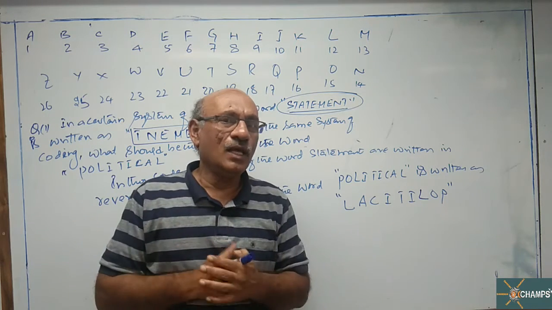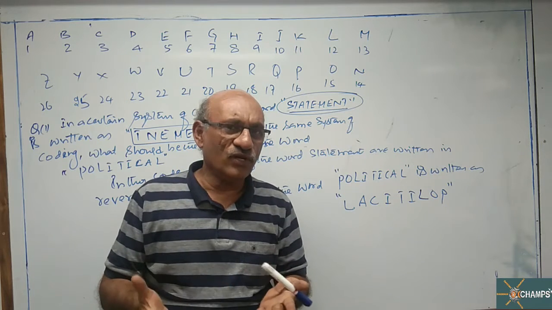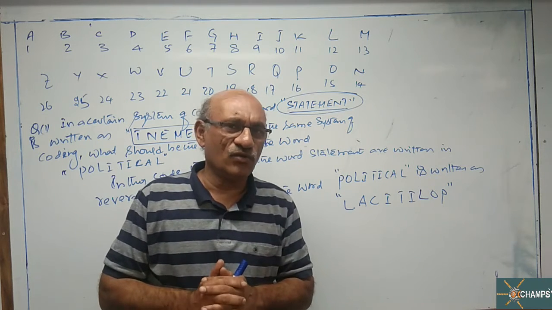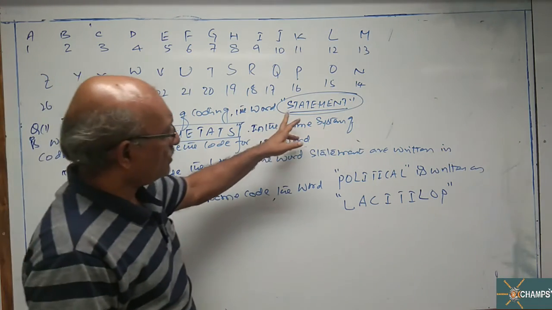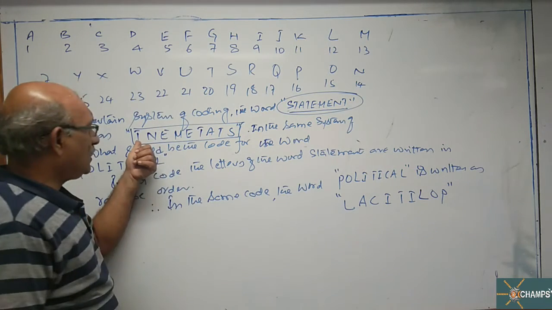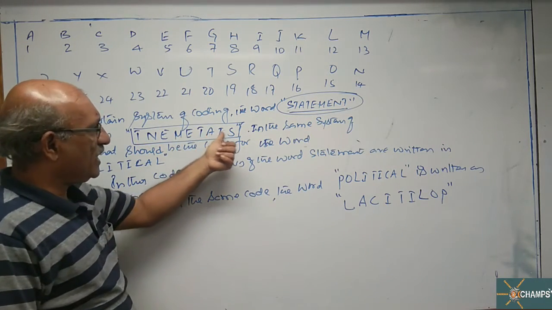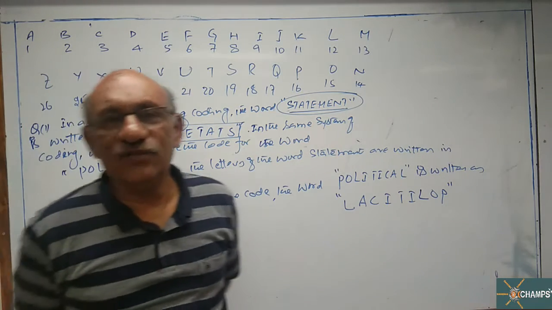Otherwise, ordinary persons cannot read this one. They cannot understand what it actually means. Therefore, first you have to decode this one. So T N E M E T A T S, statement, is written in this manner. So it is decoded.